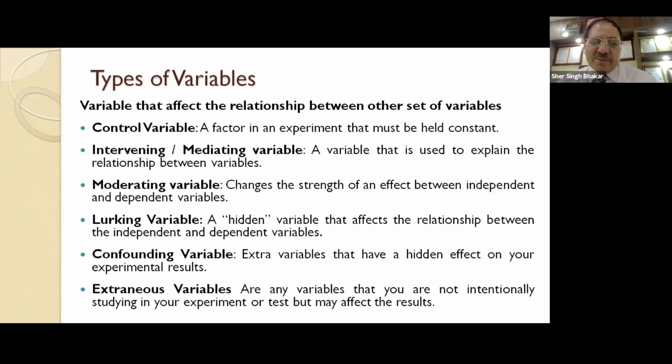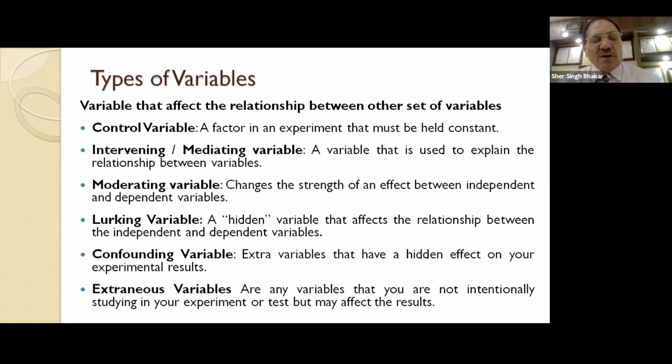And extraneous variable: any other variable that you are not intentionally studying in your experiment or test, but may affect the results, is also called an extraneous variable. So what it means is that these three sets of variables, lurking, confounding and extraneous variables, are not controlled, and therefore they affect your study.